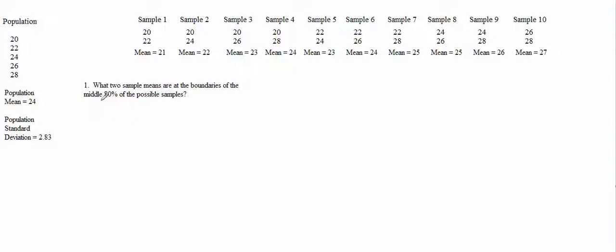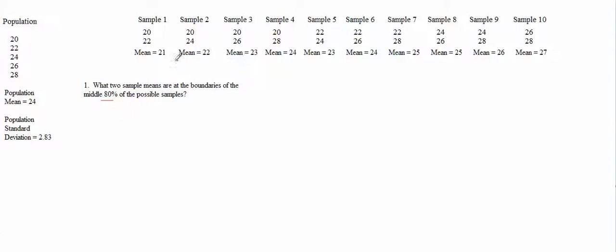It says 80%, but since I gave you 10 samples, 80% just means 8 out of 10. If I give you 10 samples, then 80% means 8 out of 10, 70% means 7 out of 10. So let's actually find the middle 8.